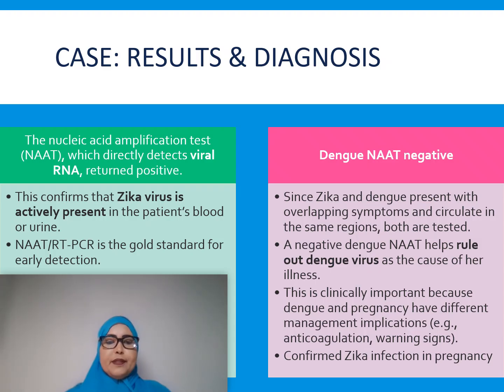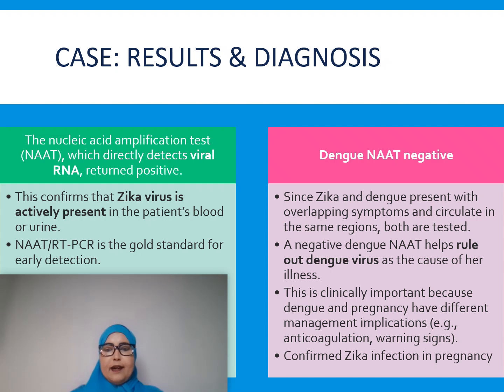This confirms that the Zika virus is actively present in the patient's blood and urine. NAAT is the gold standard for early detection. And then the dengue NAAT will be negative.